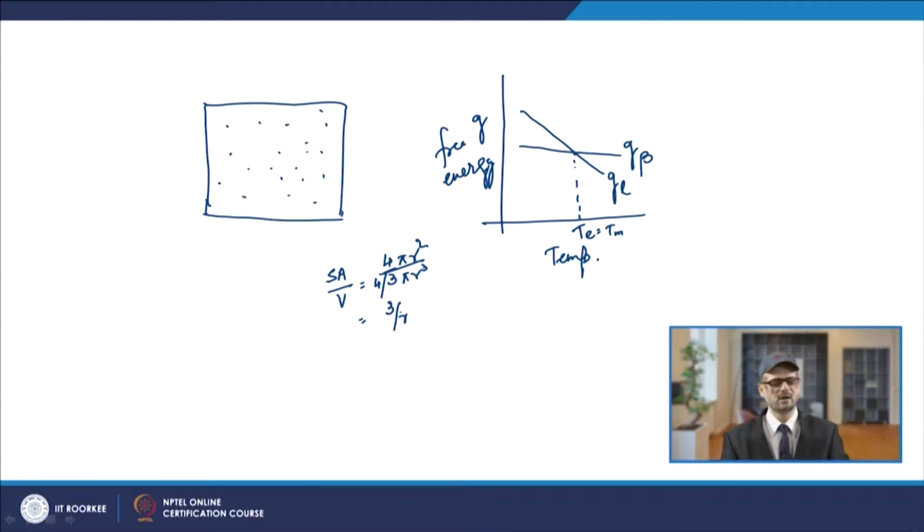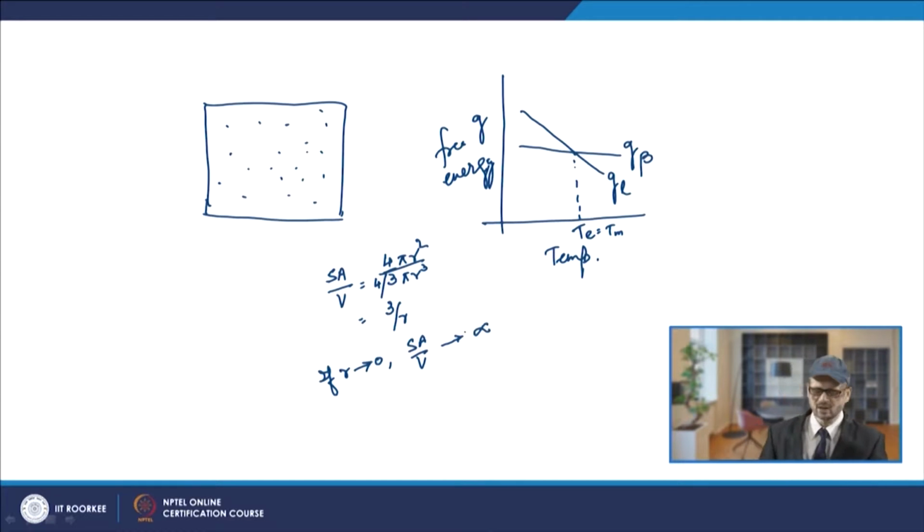So, when you have a very small r, as r approaches 0, this ratio SA by V moves towards infinity, very large. So, initially it will prevent the formation of a new interface. But as r goes on increasing, it will try to stabilize.